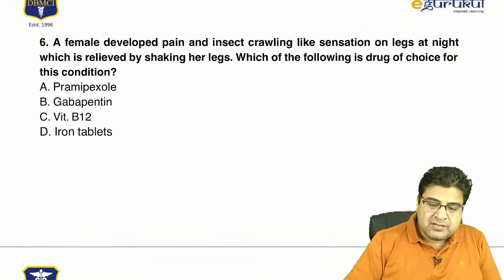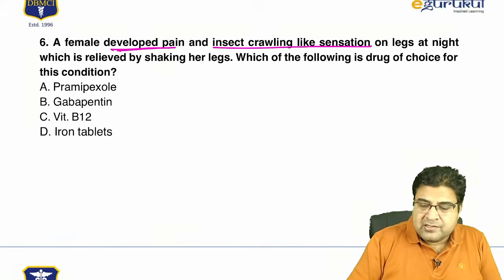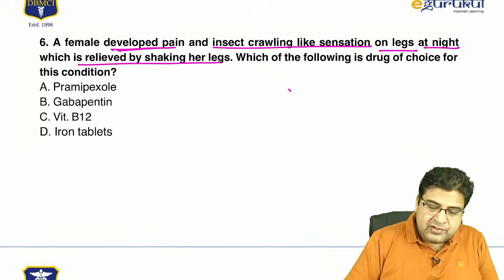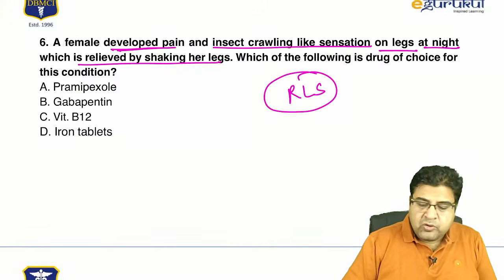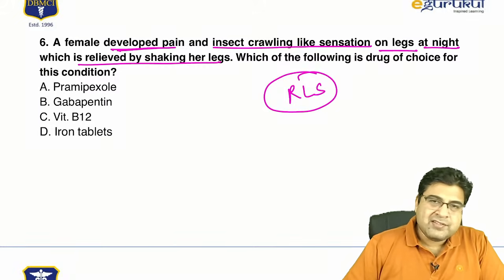Now, question number 6. A patient developed pain and insect crawling like sensation on legs at night time, which is relieved by shaking her legs. So guys, they want to give you a history of restless leg syndrome. They're asking what is the drug of choice.